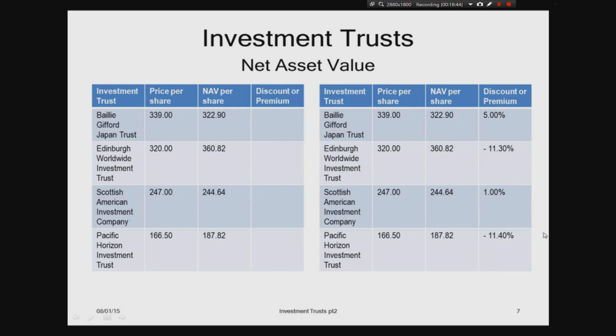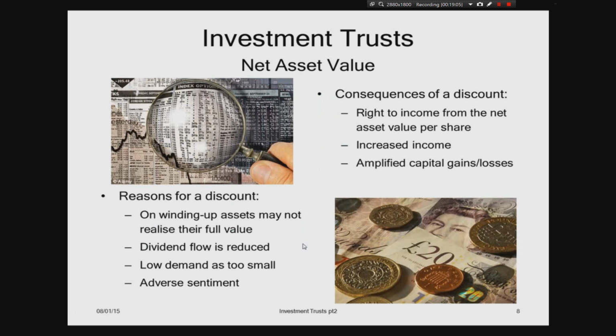So well done for calculating that, and thank you for your efforts in getting those answers. Again, when you read the information sheets and when you look at investment trusts, of course you will not have to work these figures out. They should be given to you. Okay, well, let's move on.